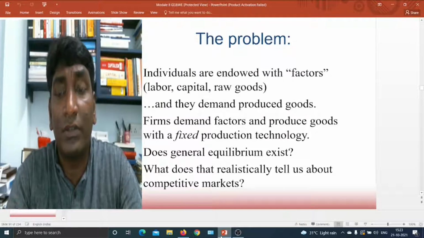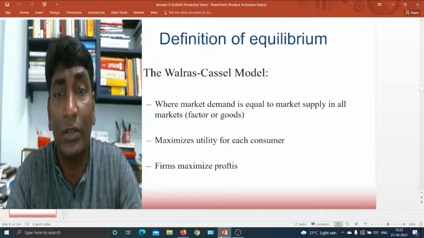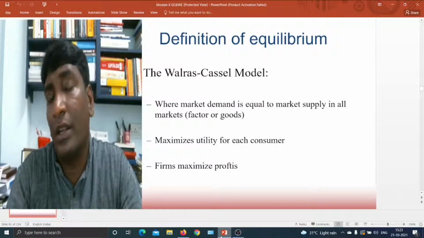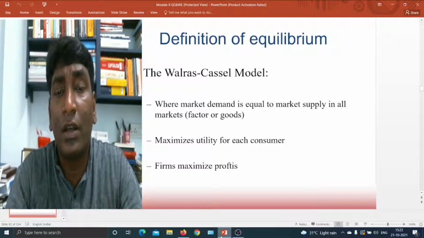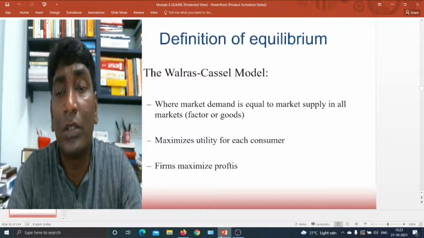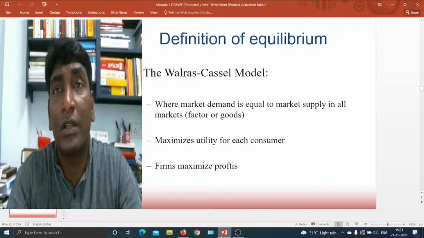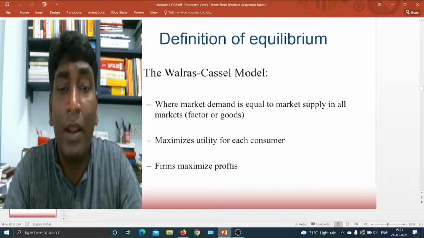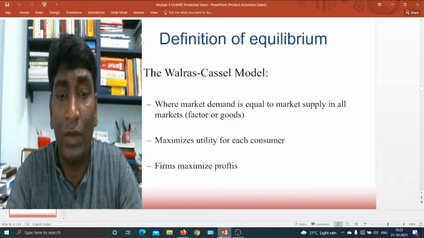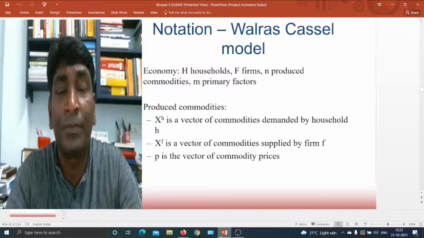What does this realistically tell us? As in the competitive market we have also seen, in the Walras-Cassel model, market demand is equal to market supply in all markets. That is, the factor and goods markets are in equilibrium, each consumer maximizes utility, and firms maximize profit.